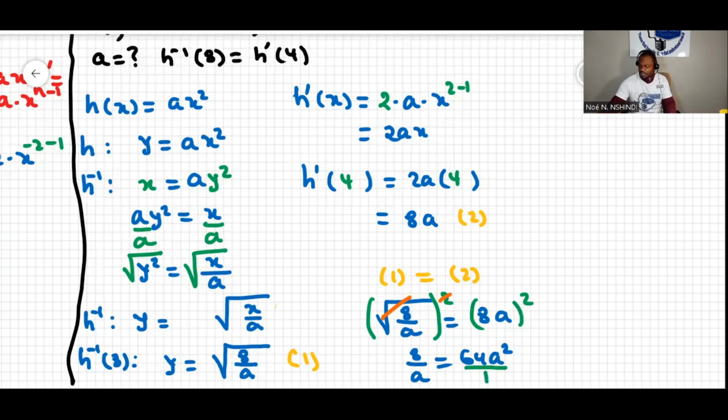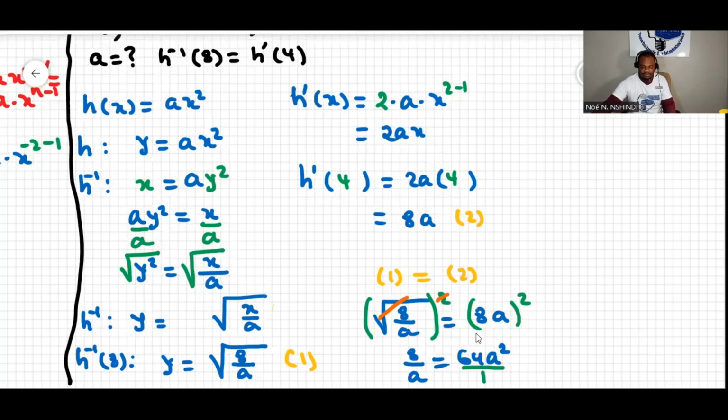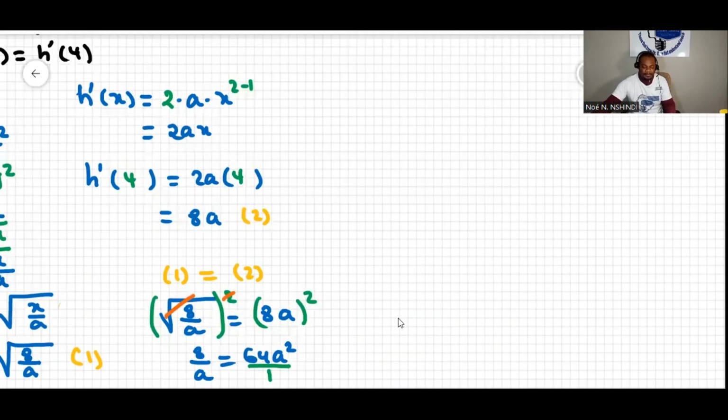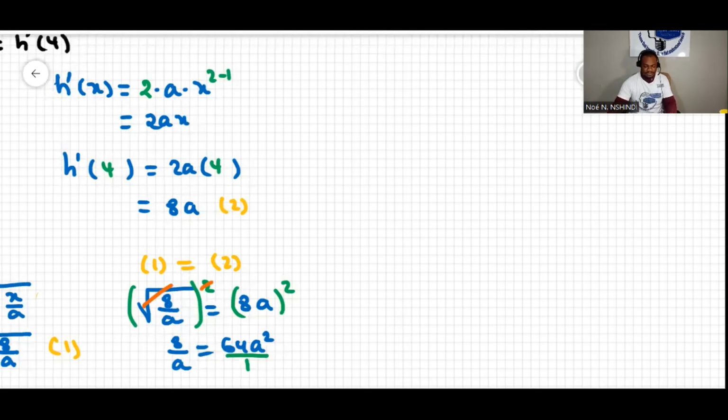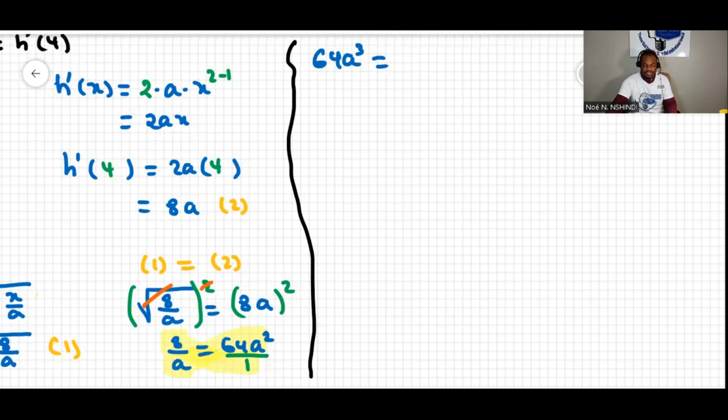So a times 64a makes 64a cubed, because we multiply a here times 64a squared, and then we do 8 times 1 here, which is just 8.